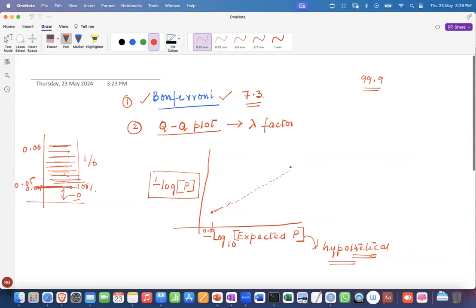If all of them are exactly the same, it means that lambda is equal to 1. Whatever probability you have estimated is as per your hypothetical distribution for your kind of study. When a QQ plot is plotted and you get a straight line lying exactly on the center for all the observations, you say that lambda is equal to 1.